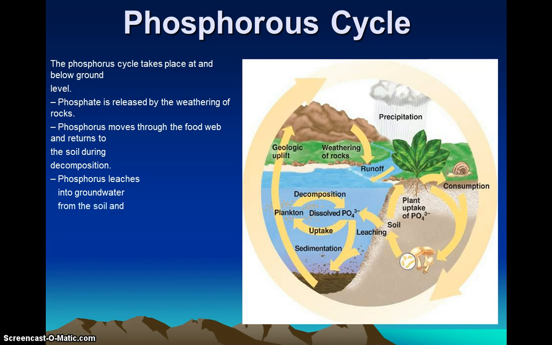Phosphorus leaches in groundwater from the soil and is locked into sediments. Right here we have decomposition, uptake by phytoplankton, and it keeps going. It's leaching from the soil, so that means it's coming out. And then in sediments we have it coming down here and also coming out.